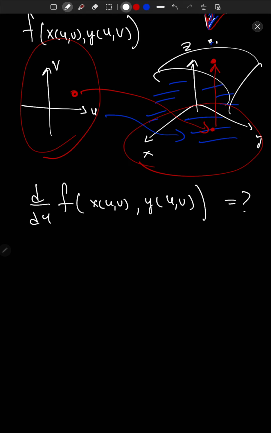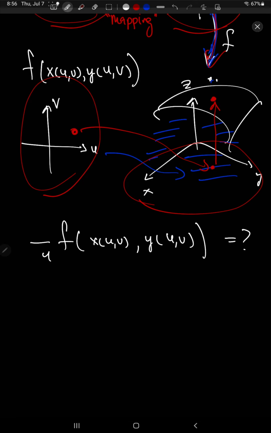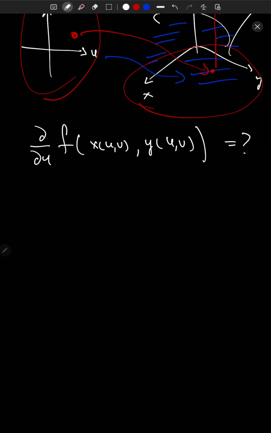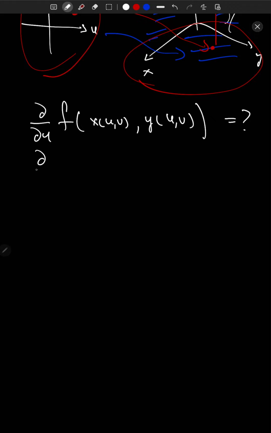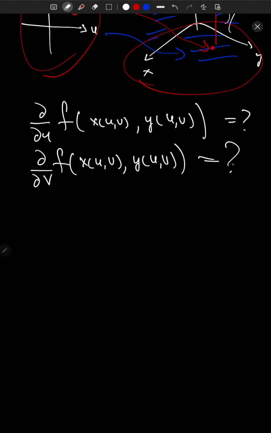And of course I should use partial derivatives, because our final function depends on two variables, u and v. So we should use partial derivatives to represent differentiation. And we can also ask d/dv of f of x of uv, y of uv. What is that?